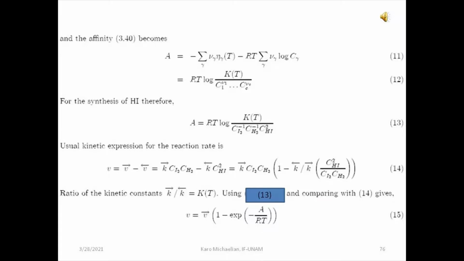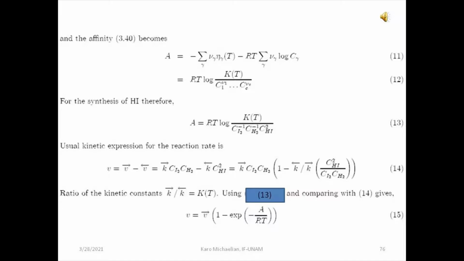So substituting the equilibrium constant in equation 14 and then comparing with equation 13 gives the following result: that the rate of the reaction is just equal to the rate in the forward direction times 1 minus the exponential of minus A, that's the affinity, over RT.